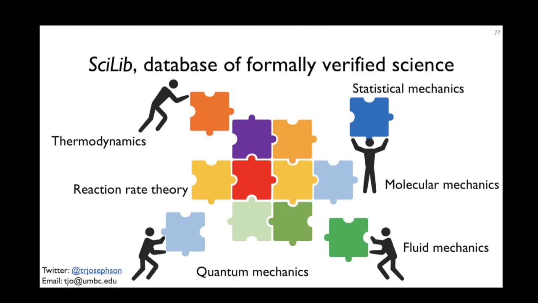I just came up with this analogy: a garden, where you have a whole bunch of different plants, and maybe they intertwine here and there, but we can be starting in the middle on these things. It should be very obvious by our paper and the work we've done that you totally can start in the middle. I'm not sure, though, how viable it will be to build a massive database of formally verified science if we're starting in the middle. Maybe we'll figure out some clever ways to do that.